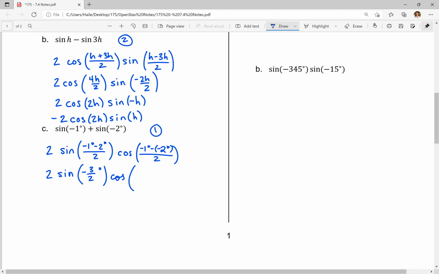So we'll have 2 minus 1 is just 1, so 1/2 degree. Okay, so this is our sum written as a product, and it's not super useful because our degrees are fractions, which we don't always want. So that's why we're not going to evaluate this. But the idea is we're starting with a sum or difference, and we're turning it into a product.